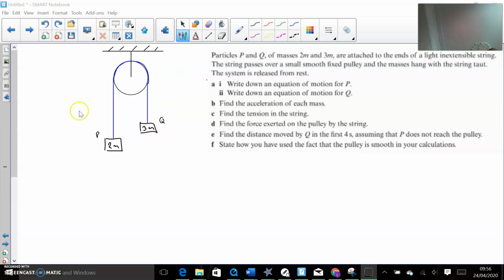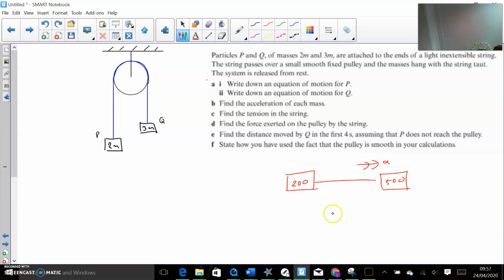Now, what we have here is two particles connected by the string. But unlike when we had two particles connected like a car pulling a trailer, when both were moving in the same direction, let's have the car as say 500 and the trailer as 200 kilograms.